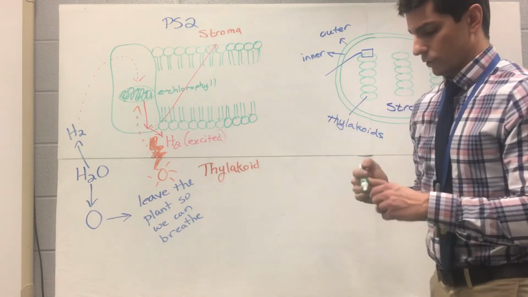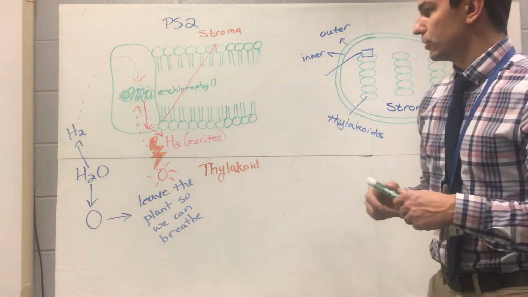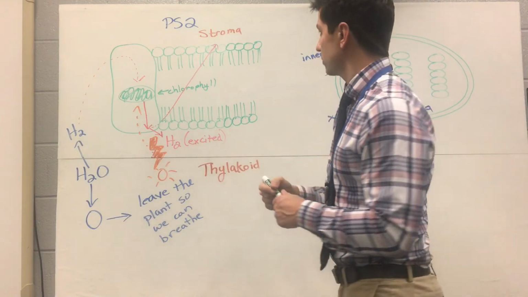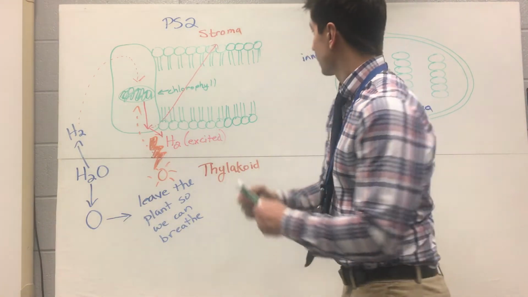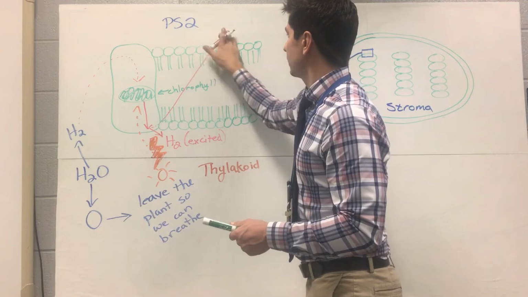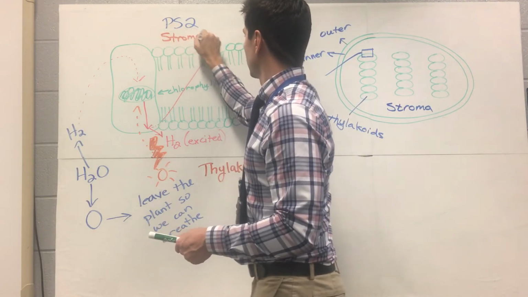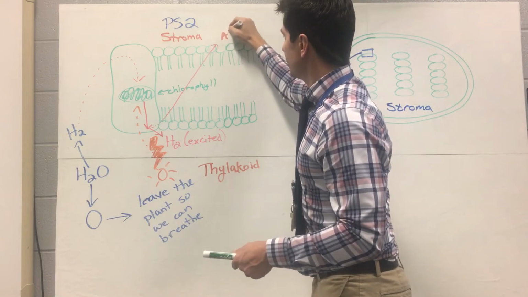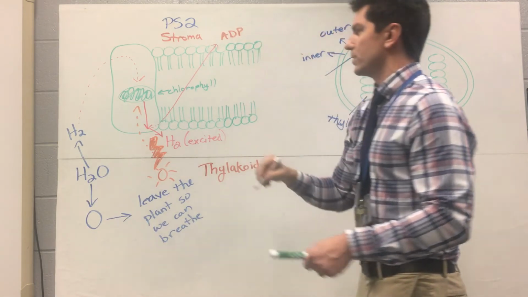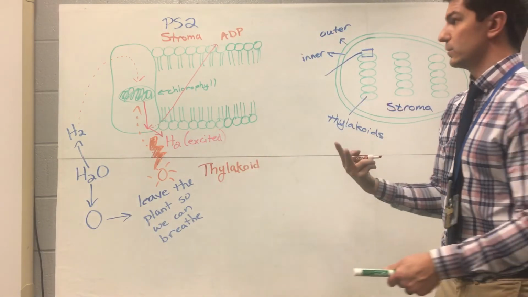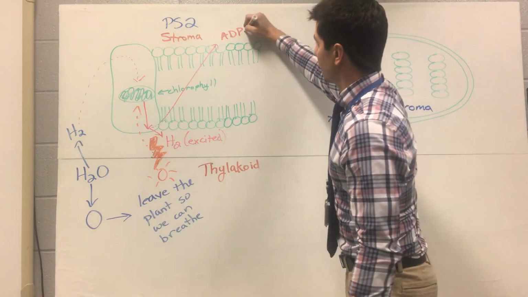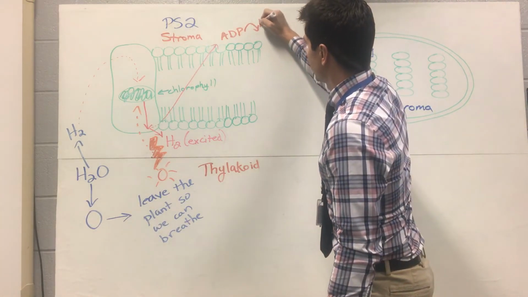So they're going to come over to our stroma side, and that energy from the electrons is going to be used to convert our ADP, which is adenosine diphosphate. Again, we have 2 phosphates with that, if you remember from class. And we're going to convert that into ATP.